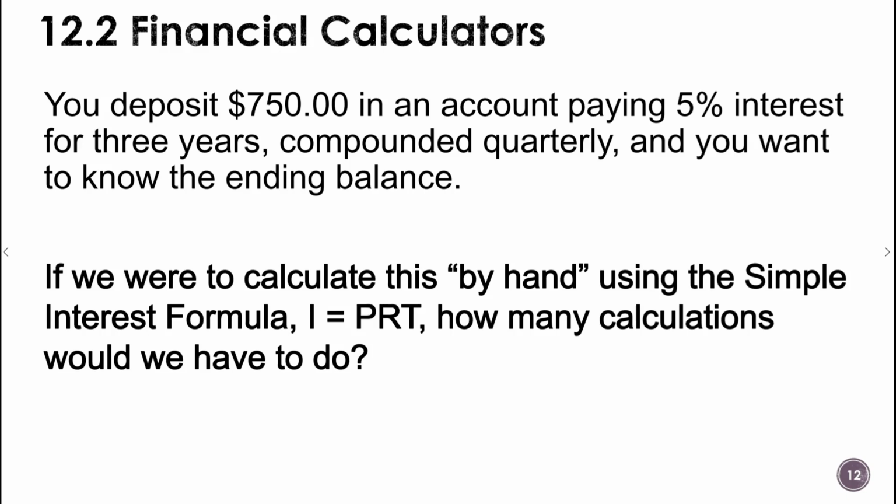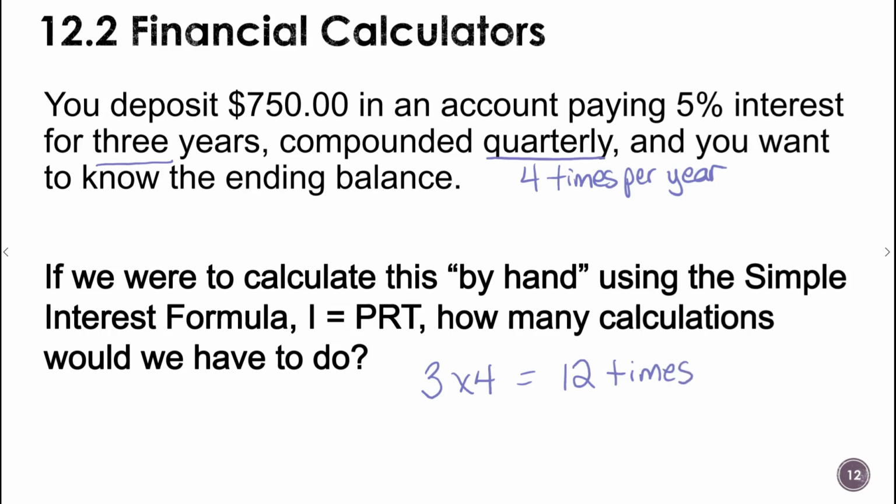Well, this is for 3 years and it's compounded quarterly, which is 4 times per year. So we would have to calculate 3 times 4, right? 3 years times 4 would be 12 times, 12 different calculations if we did this by hand.